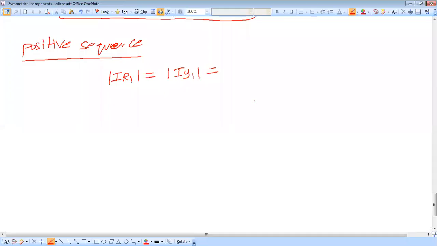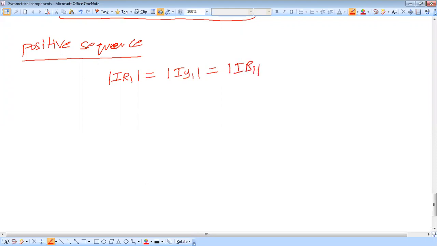Now for the positive sequence component, the condition is that it should be a balanced system. What is the condition? All the phases are equal in magnitude, that is IR1 should be equal to IY1, which should be equal to IB1.